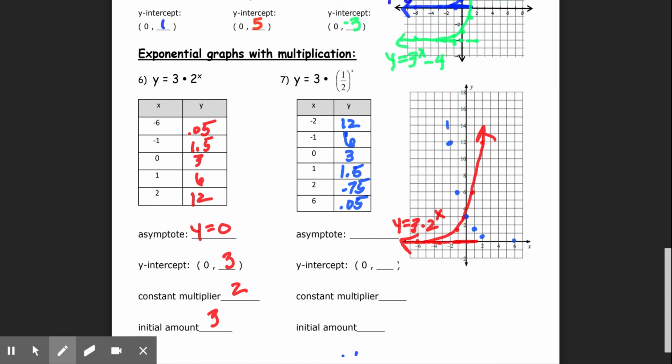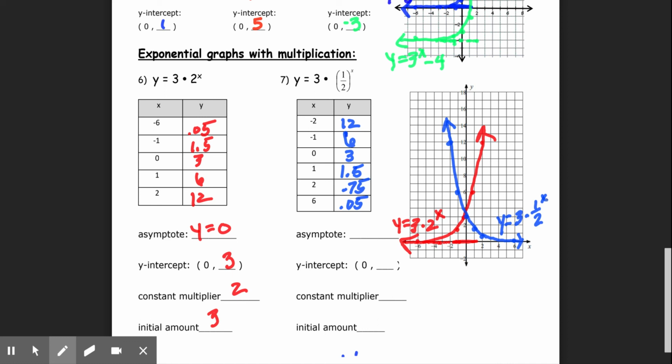So it's going to look like this. Not bad. So this is the equation y equals 3 times 1/2 raised to the x power.